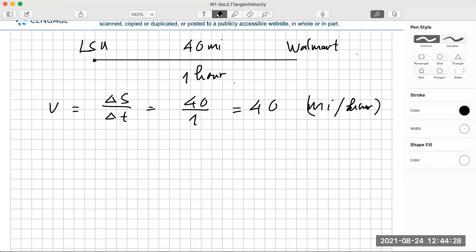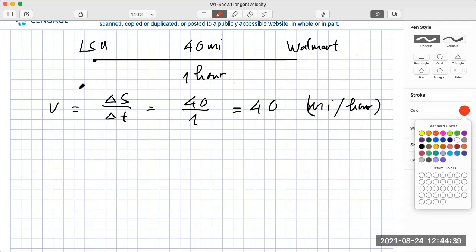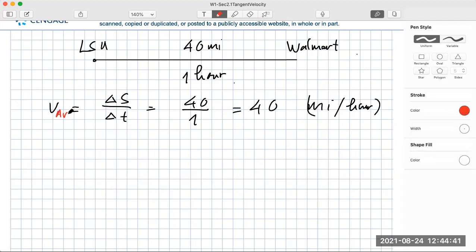This is a fraction, that is why we write it miles per hour. It's easy. Very good, it's a good point. This is the average velocity, right?